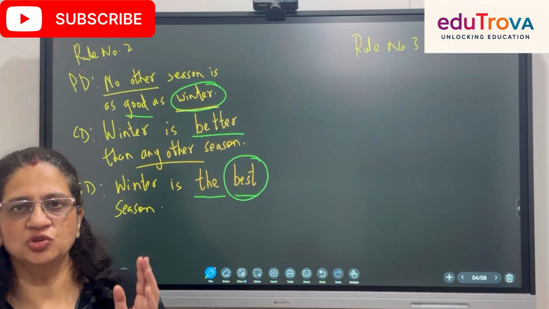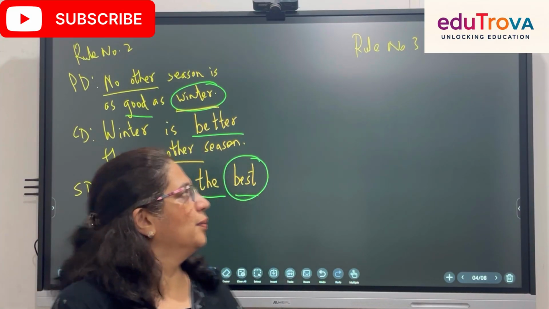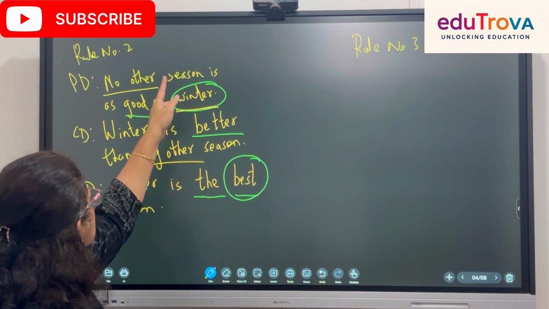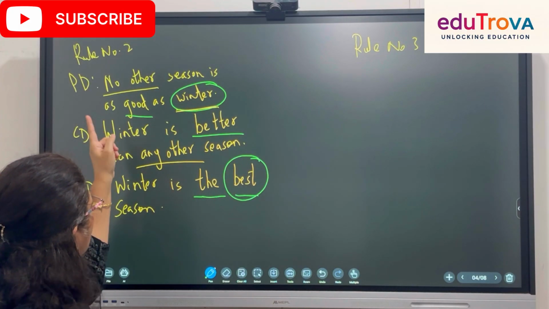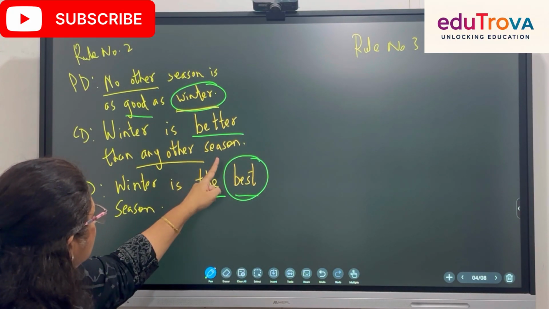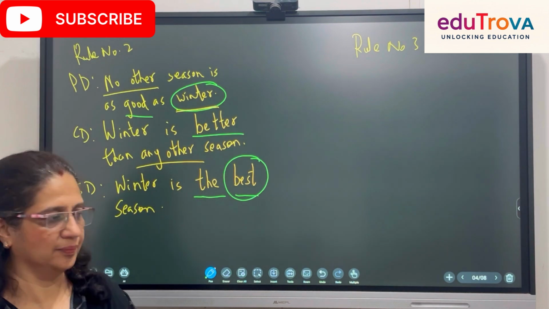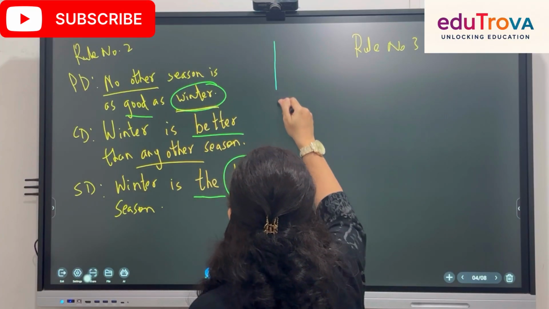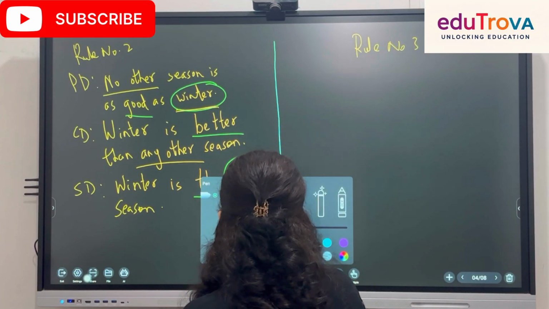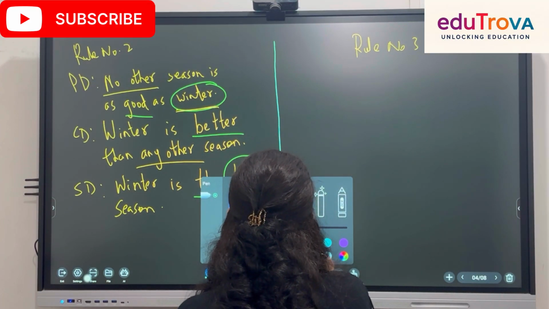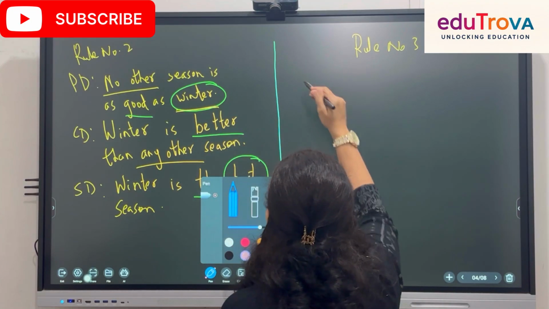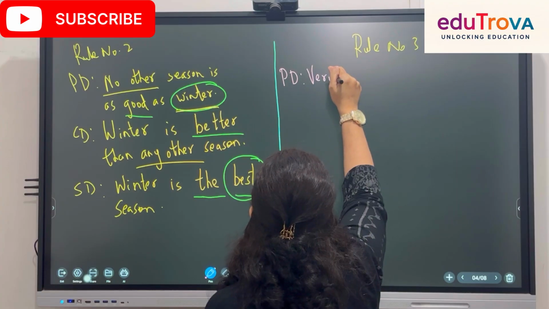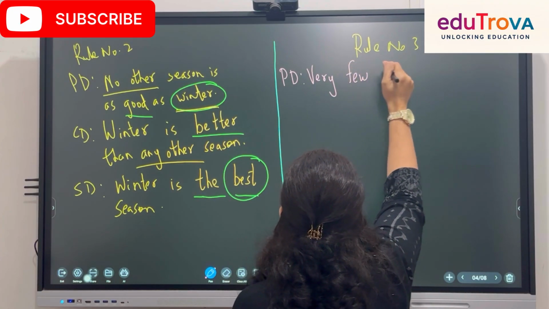In rule number 2, changing degrees of comparison, my positive degree begins with no other. No other season is as good as winter. Winter is better than any other season. Winter is the best season. Now I will explain comparison rule number 3. How am I going to write? My positive degree in rule number 3 begins with very few.